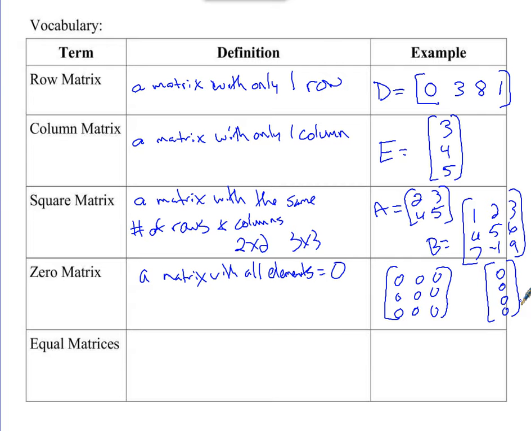What about equal matrices? What do you think? All the numbers in the corresponding positions are exactly the same, and the two matrices have the same dimensions.